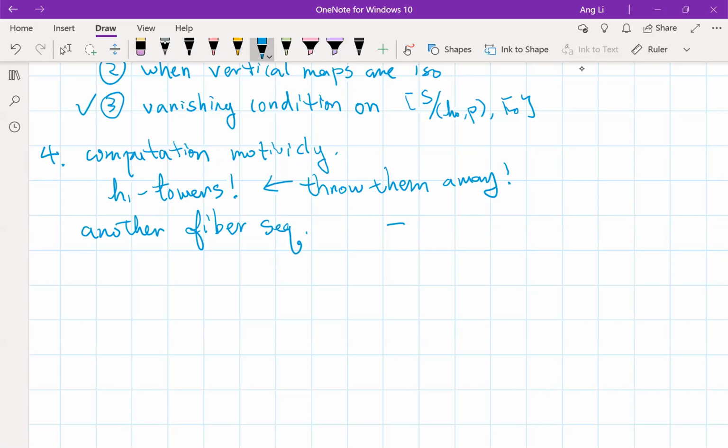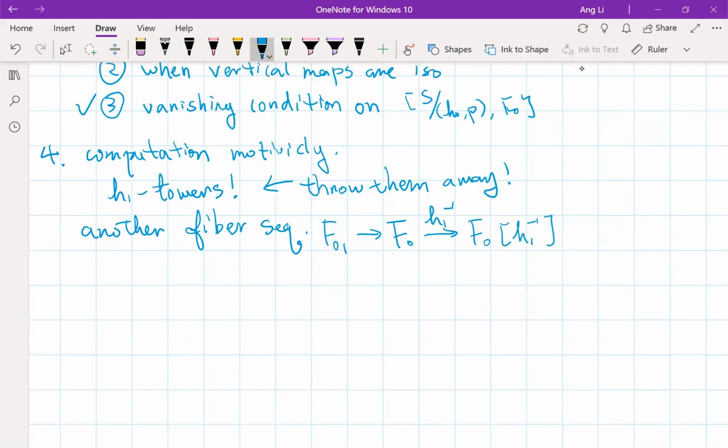So now let's consider inverting H1 on F naught, and then taking its fiber to be F01.